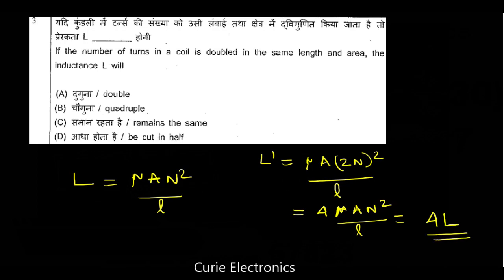So the inductance has increased by 4 times when you double the number of turns. The answer is quadruple, option B.